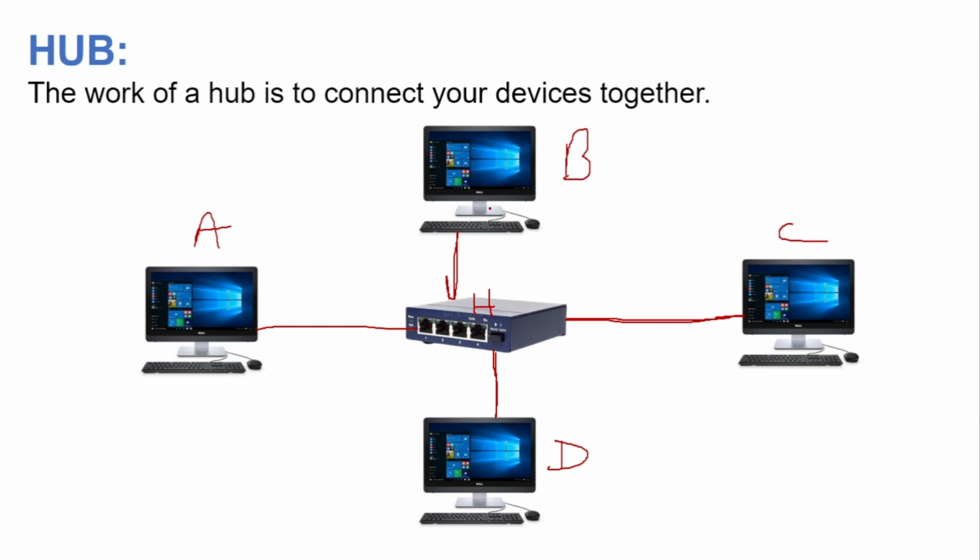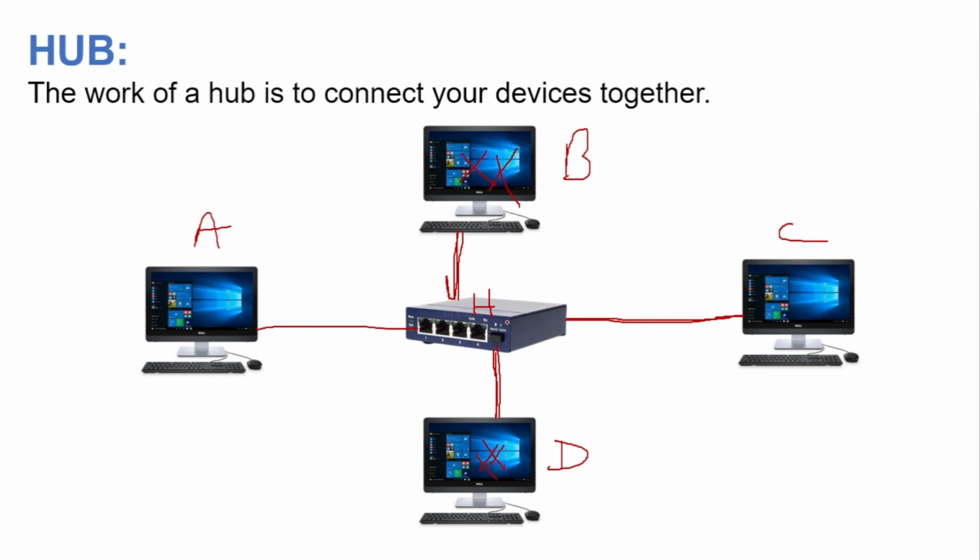So when B and D receive this message, they discover that this message is not actually meant for them, so they discard the message. So if host C wants to send a message back to A, it will still repeat to these same links connecting to B and D. When B and D receive the same message and discover that it is not meant for them, they discard the message.